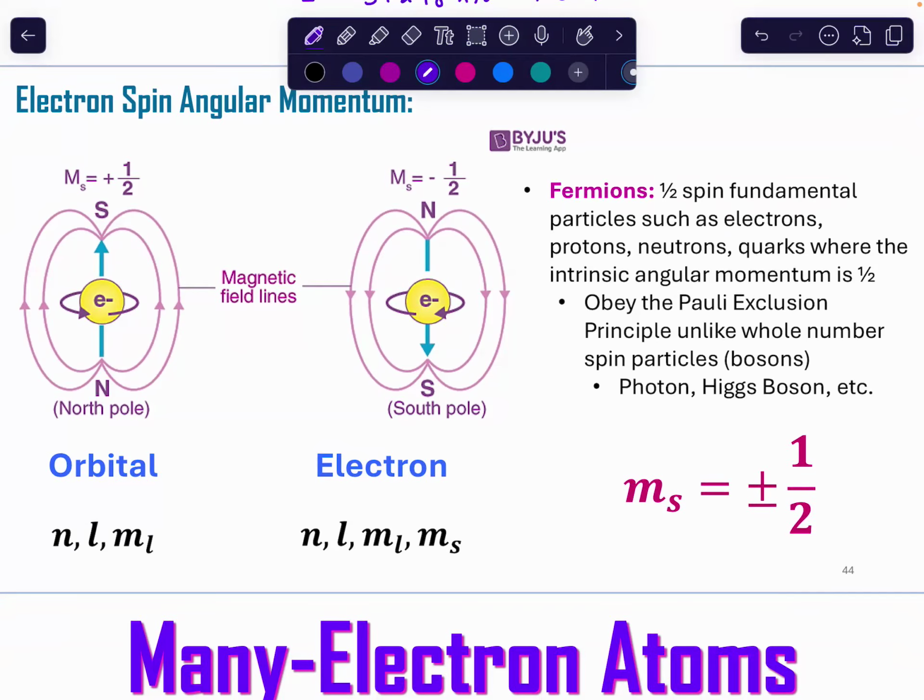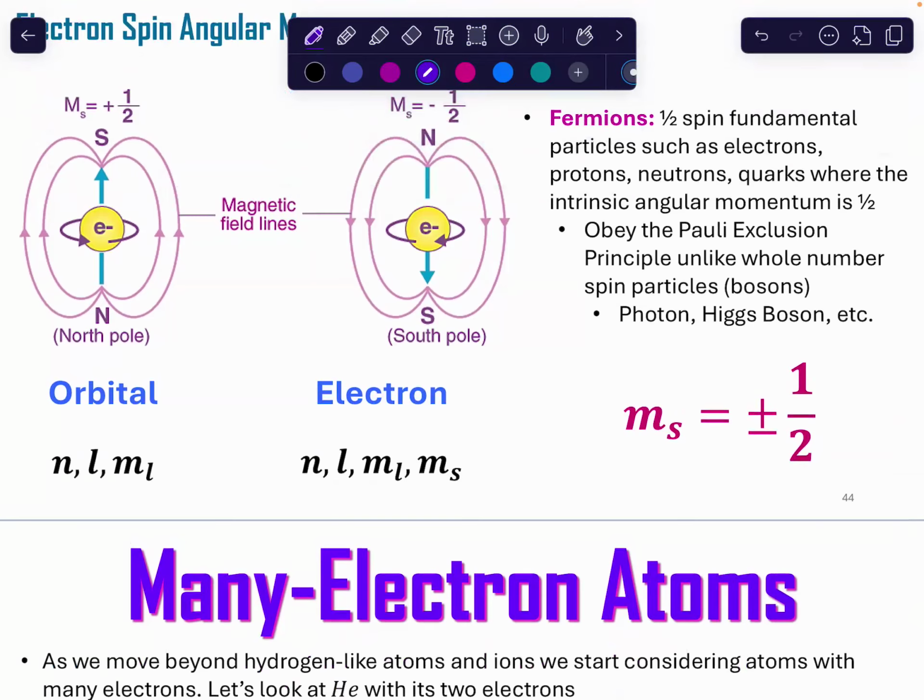And bosons are going to be like your photon, your Higgs boson, so on and so forth. Think of your bosons as your force carriers in nature. So without the photon, there would be no electric or magnetic force. And so you see that as the spin of the electron changes, the magnetic field of the electron will flip its poles.